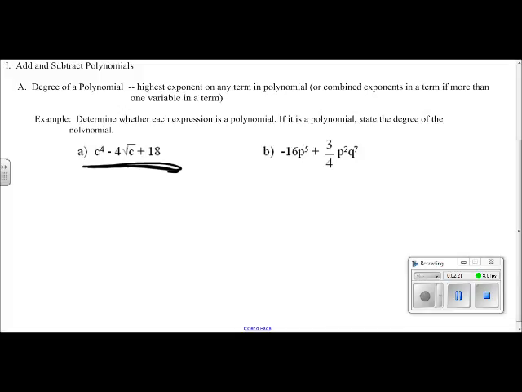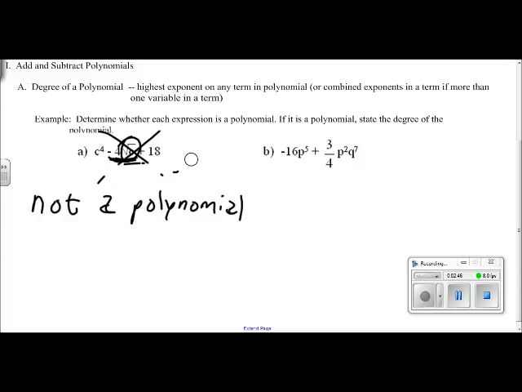In this case, we have negative 4 square roots of c, and because we have the square root of a variable, we know that this one is not a polynomial. So if you came up to one like this on a homework problem, you would just say not a polynomial, because it does have the square root of a variable inside there.